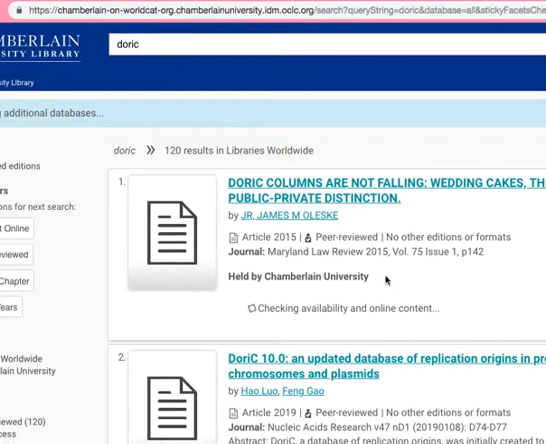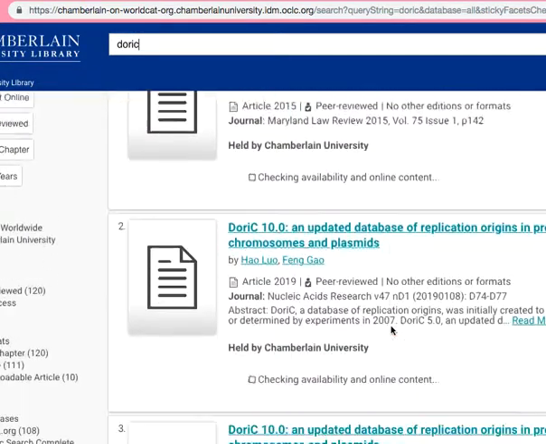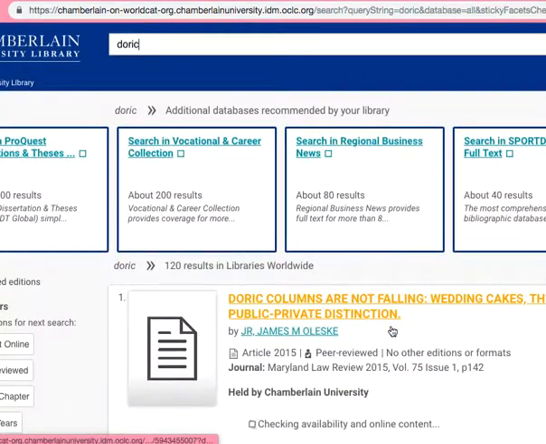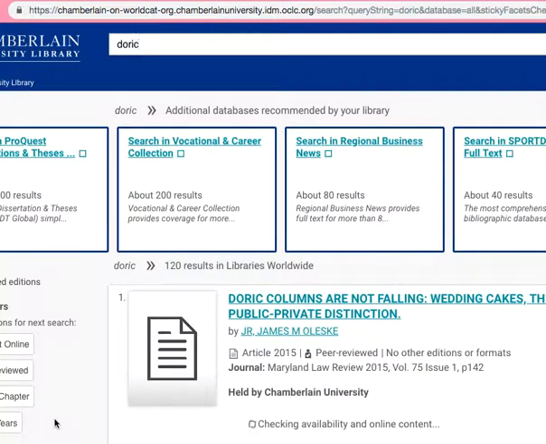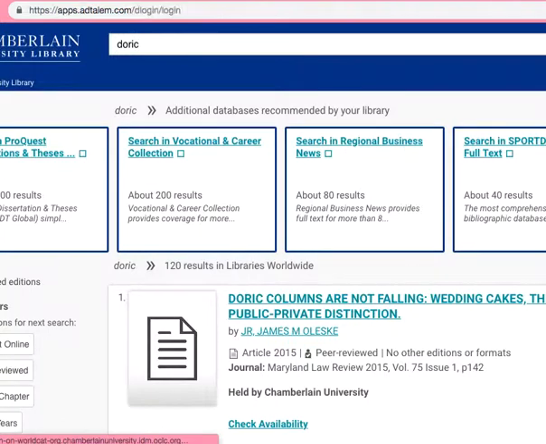Doric columns are not falling, wedding cakes, the menstrual exception, and the public-private distinction. Anyway, I'm not sure if any of these are actually helpful for anything we would be doing in our class, but just to give you an example, this has given us a recent, within the last 5 years, result.